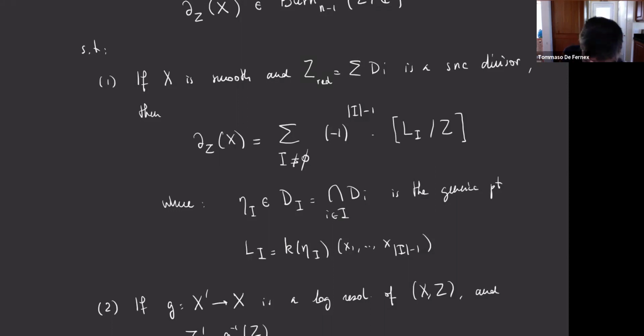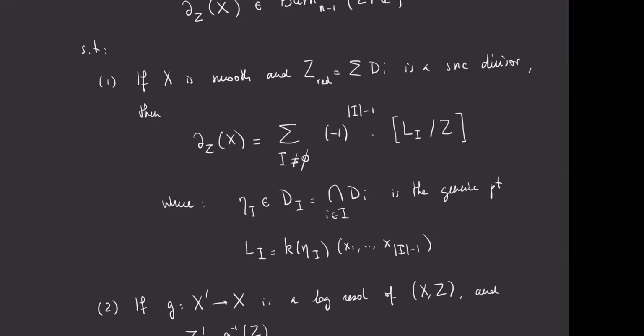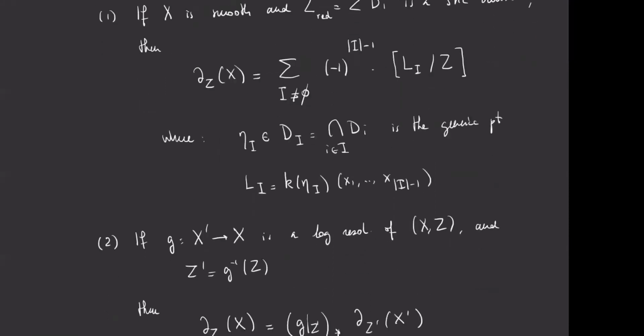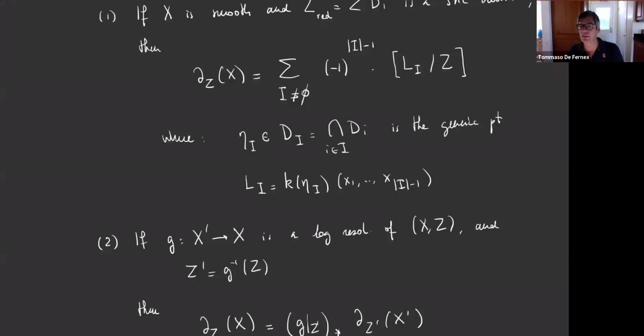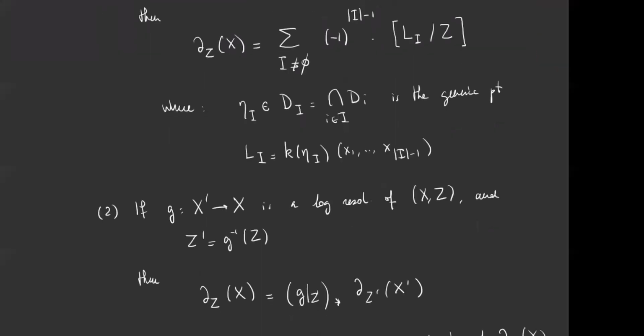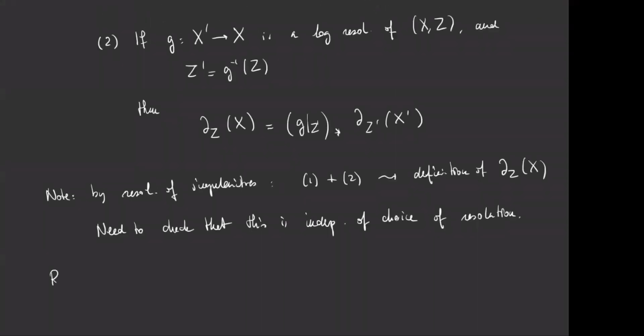Yeah, that's maybe a better way of writing it. So I want to give a definition that doesn't see the non-reduced structure of Z. But also then in the second part, if two things have the same support, then they define the same element. Okay. Yes. So let me make this a remark.